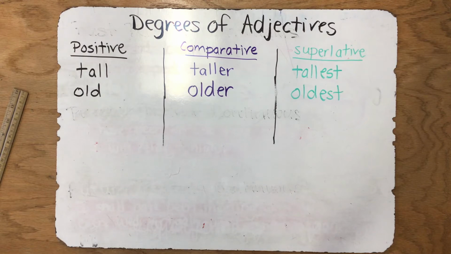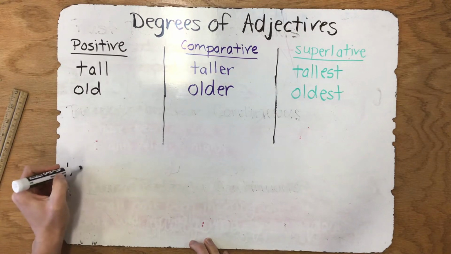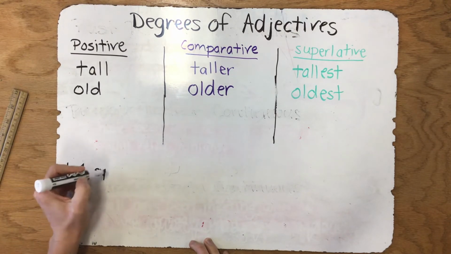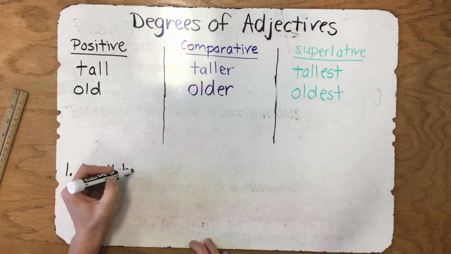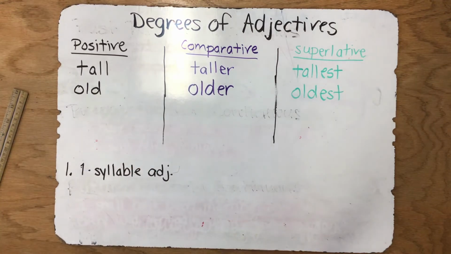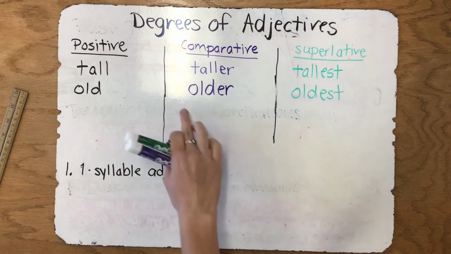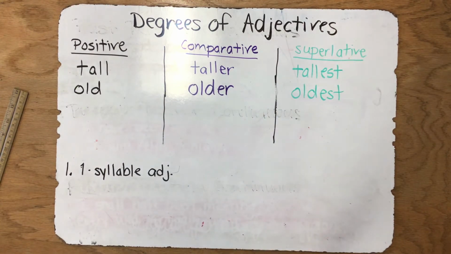That's where our first rule comes in. I'm going to write rule number 1. When we have a one syllable adjective, I'm going to shorten adjective. This is what we do. We add an ER and then an EST.